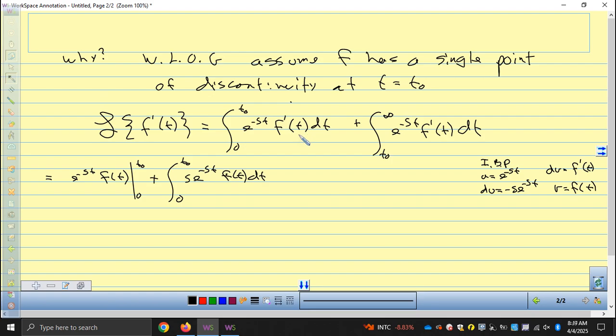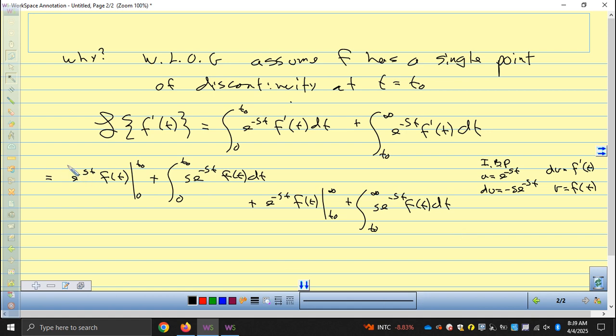That's for our first integral. Plus, we're going to write it down here, plus, when we integrate this by parts, we get e to the minus st f of t, evaluated from t0 to infinity, minus negative, plus the integral from t0 to infinity of s e to the minus st f of t dt.